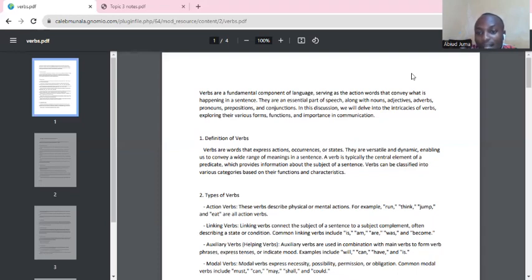They are versatile and dynamic, enabling us to convey a wide range of meaning in a sentence. A verb is typically the central element of a predicate, which provides information about the subject of a sentence. Verbs can be classified into various categories based on their functions and characteristics.